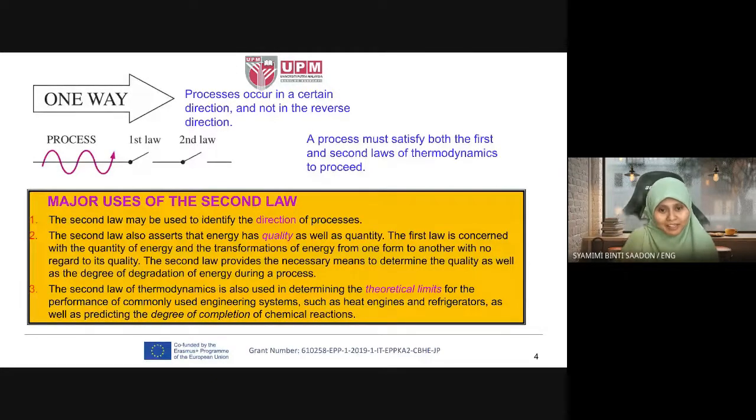By applying this second law, we will know the limit, the maximum efficiency or performance of these devices. What is their highest possible performance or efficiency? We will see that later on.